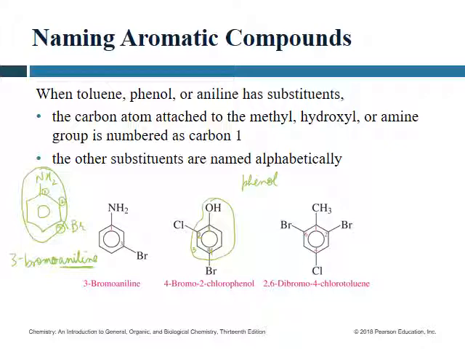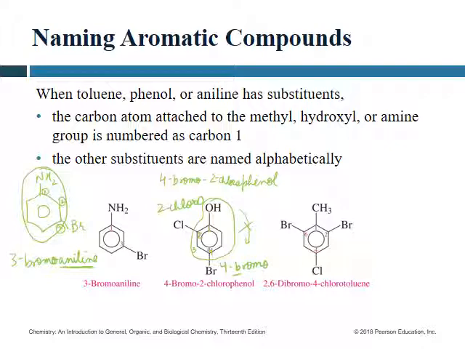So that my substituents can get the smallest numbers. I did not go in the other direction because then my substituents would get bigger numbers. Now what are my substituents? I have a 2-chloro and a 4-bromo. Which one comes first? Alphabetically, bromo comes first. So the name would be 4-bromo-2-chlorophenol.